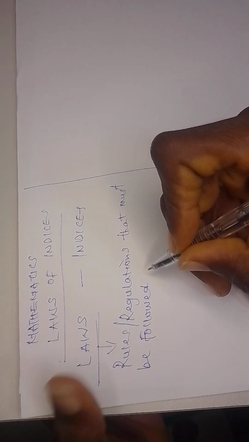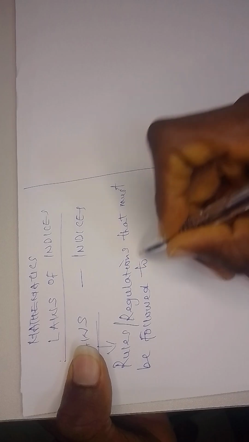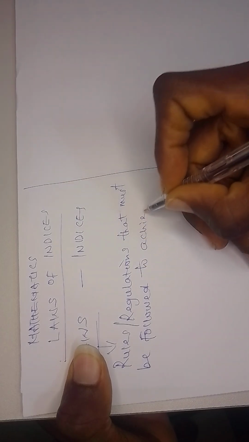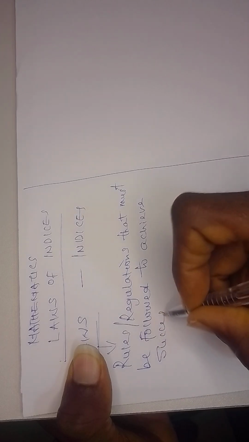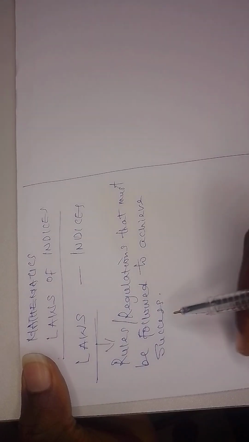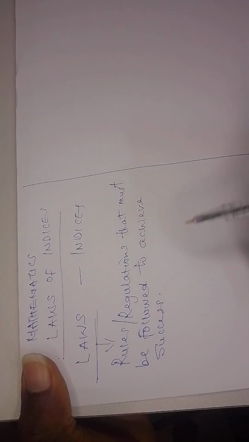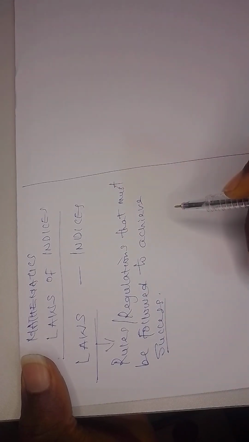They are rules and regulations that must be followed to achieve success. It therefore means that if there are laws or rules and regulations and they are not followed, success will not be achieved.